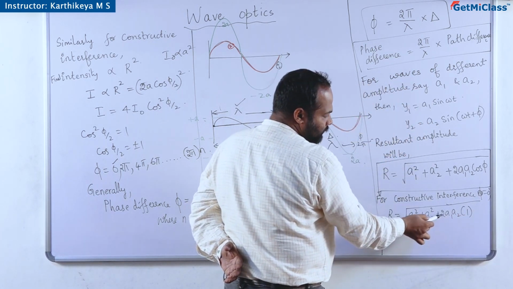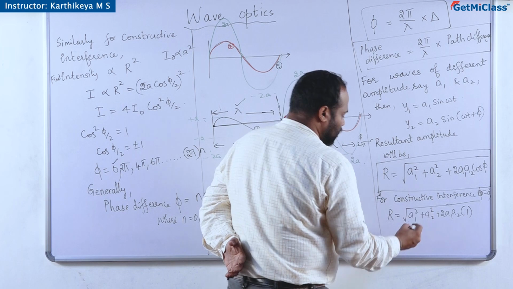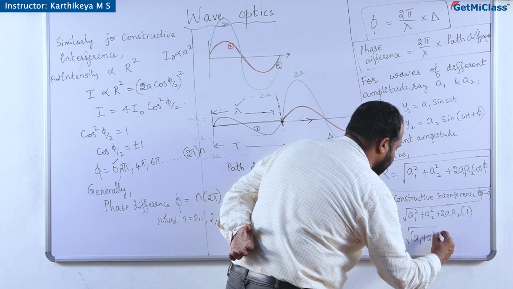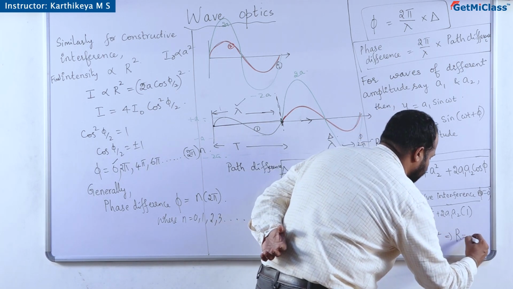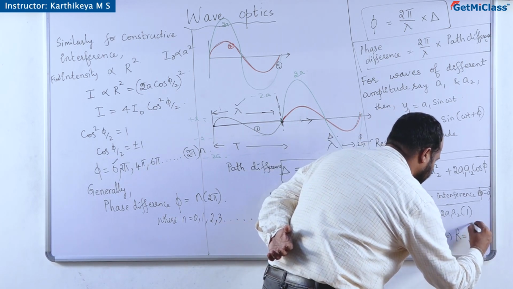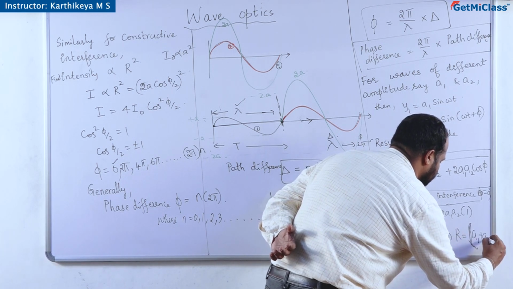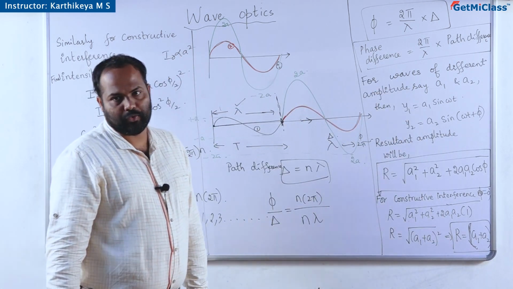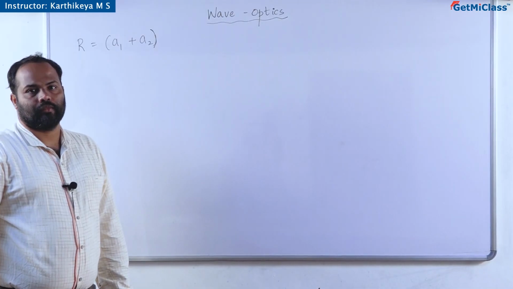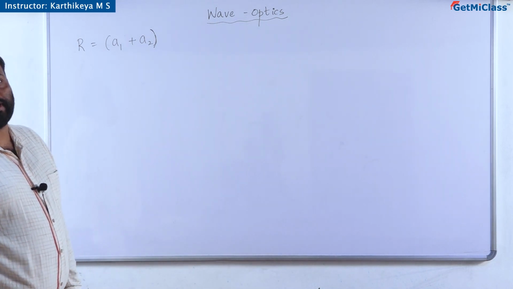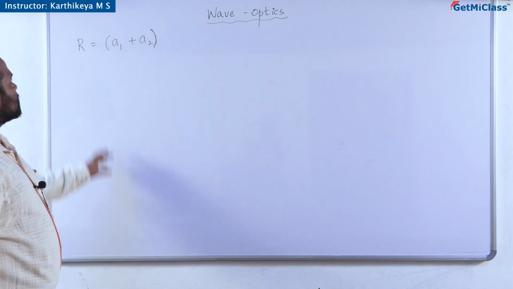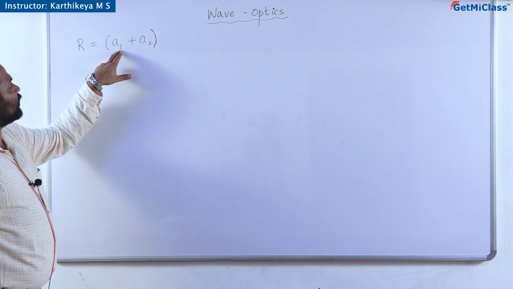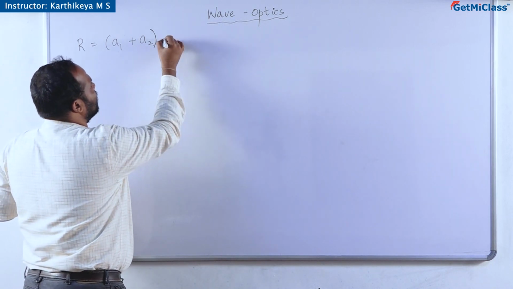That is a squared plus b squared plus 2ab. So the resultant amplitude will be root of (A1 plus A2) whole square, which implies the resultant amplitude will be A1 plus A2 for two waves with different amplitudes. So for the resultant amplitude during constructive interference, where the two individual waves have different amplitudes A1 and A2, the resultant amplitude is A1 plus A2.